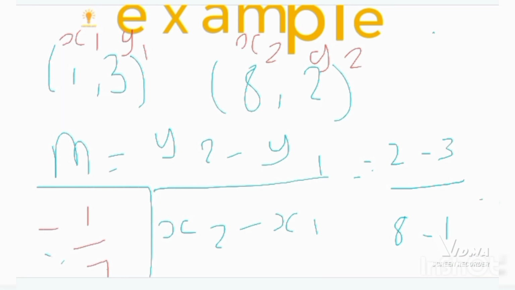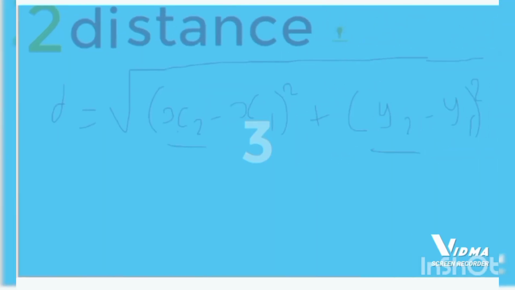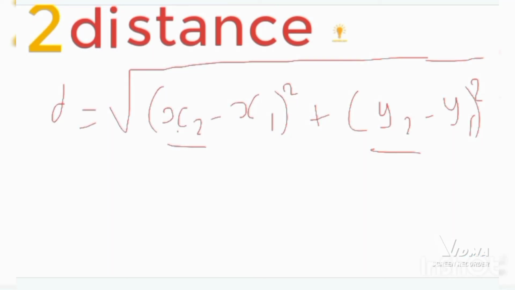And then we did the distance or the length formula, which is d is equal to the square root of x2 minus x1 squared plus y2 minus y1 squared. And it's the same here as well. You first arrange your points, then substitute them into the formula.